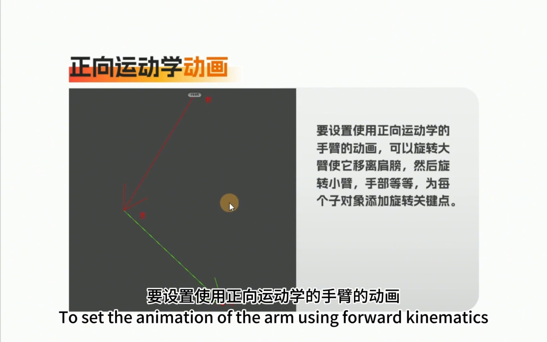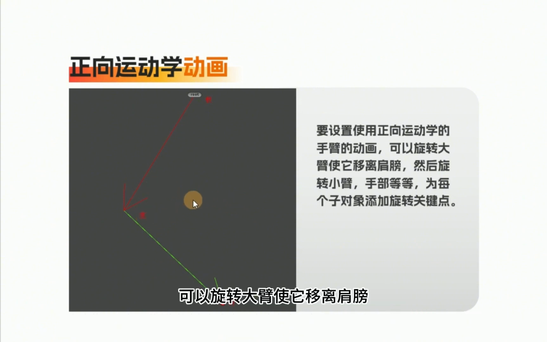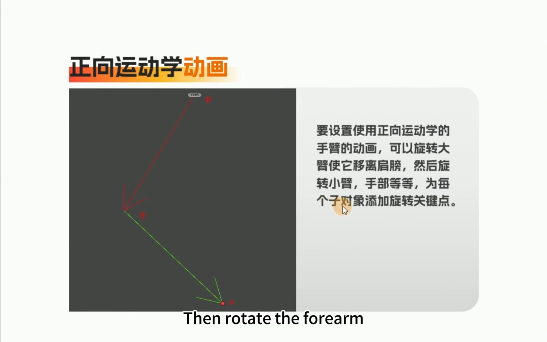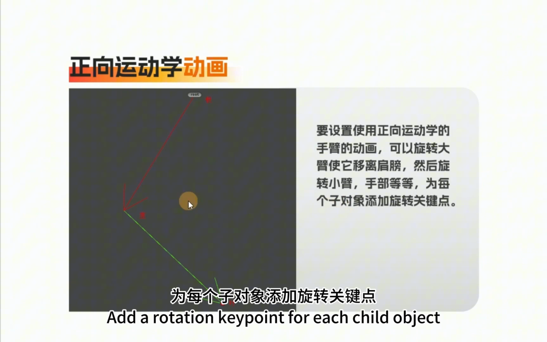To set the animation of the arm using forward kinematics, you can rotate the arm, move it off the shoulder, then rotate the forearm, hands, etc. Add a rotation keypoint for each child object.